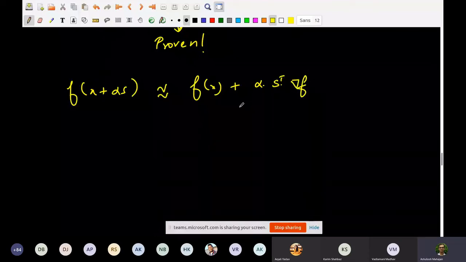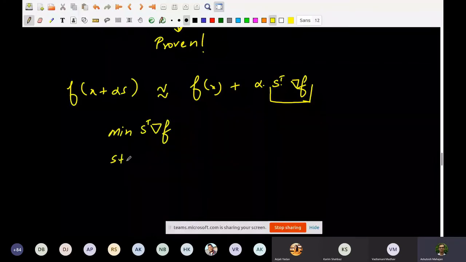For fixed alpha, since I don't know alpha yet, I want this term to be as negative as possible so that I can go down as quickly as possible. But I also want S to be a unit direction. So I want to minimize S transpose gradient of f subject to the norm of S being 1.